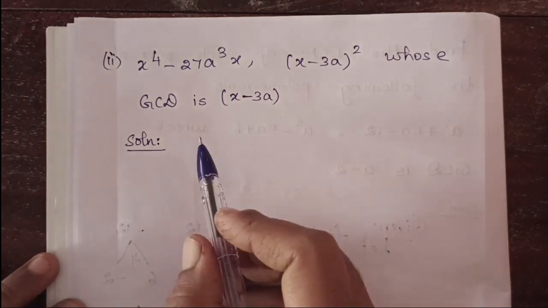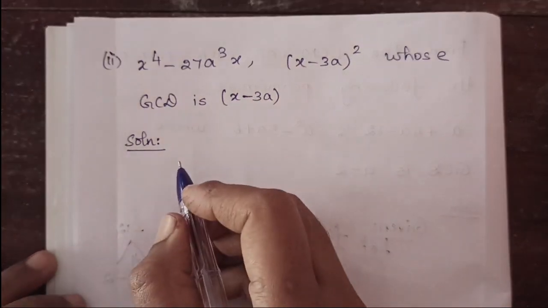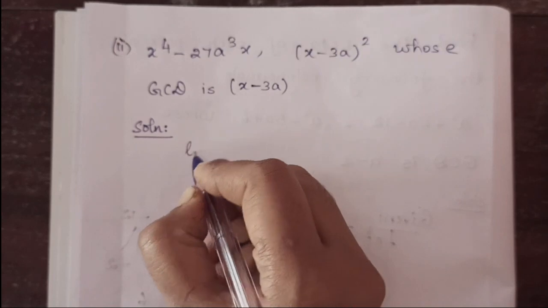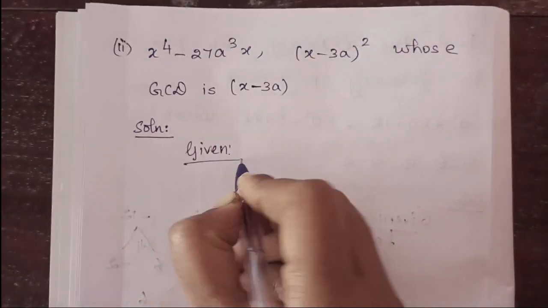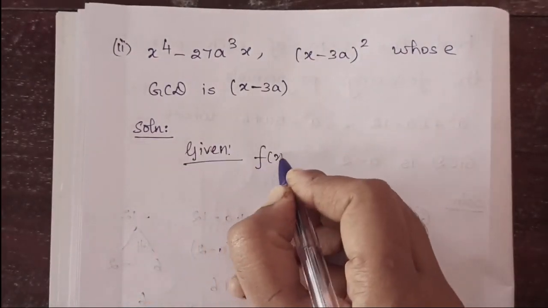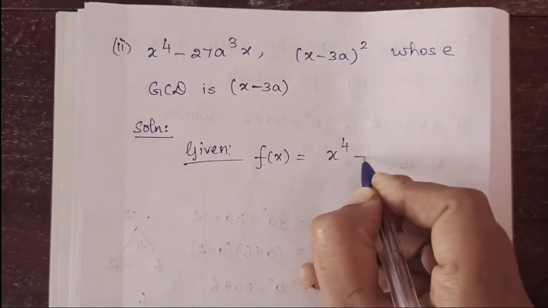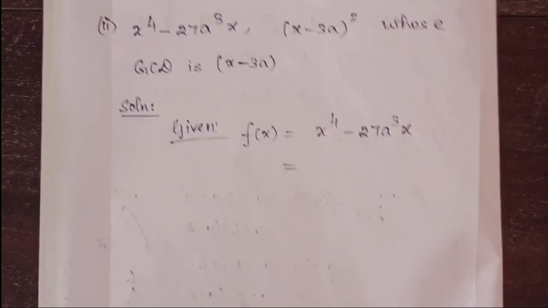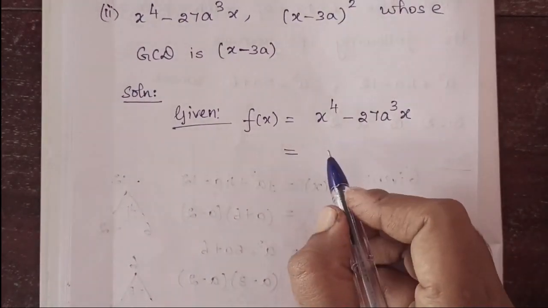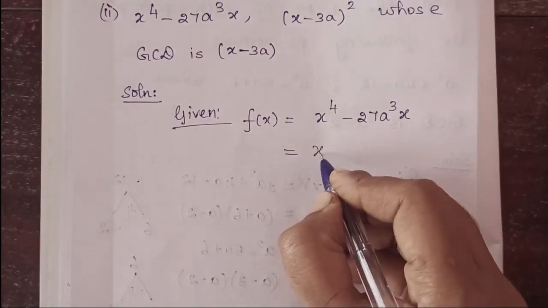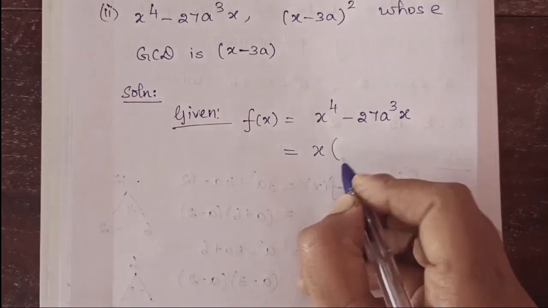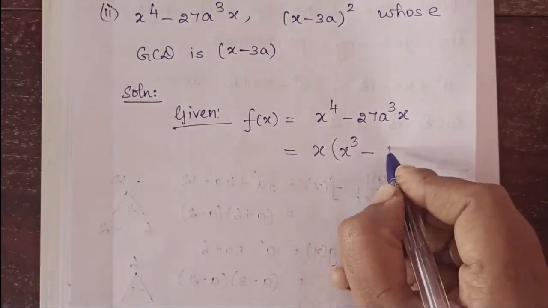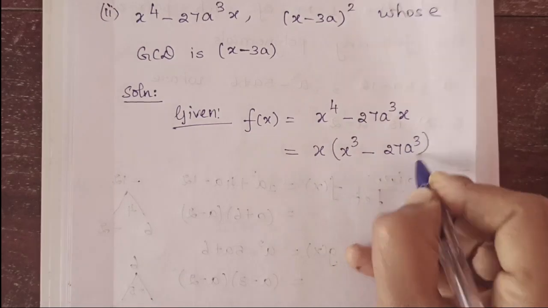See the second question, second Roman numeral, second question. What are the given data? First we need to write the given data. So given f of x equal to x power 4 minus 27 a cube x. We need to reduce this. Is there any common term? Yes, x, we can take it as common. So x into x cube minus 27 a cube.